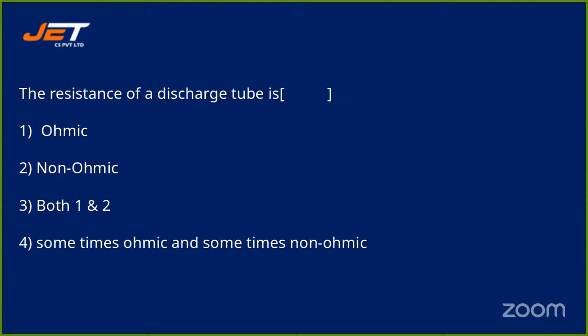So the resistance of discharge tube, is it ohmic or is it non-ohmic or is it both or sometimes this, sometimes that? It is a direct question. It is non-ohmic. The resistance of a discharge tube is.